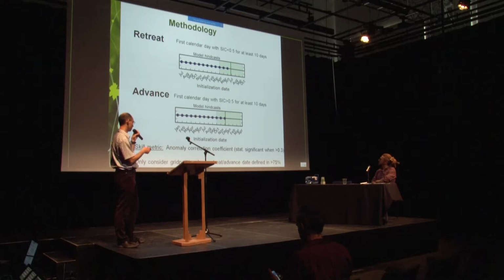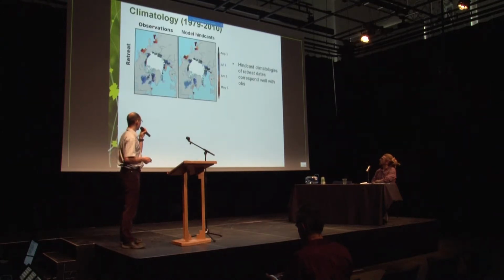So you see some areas where it's white, and it means that you don't have enough data points to assess the scale, basically. Okay, so first, climatology. Our model does a fairly decent job in simulating the observed retreat date.